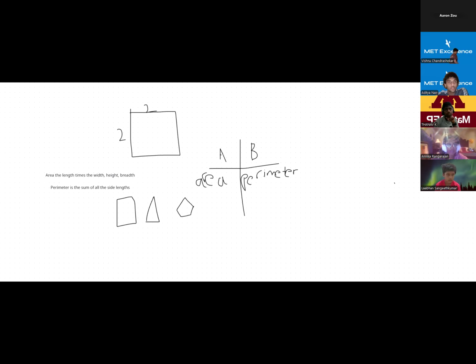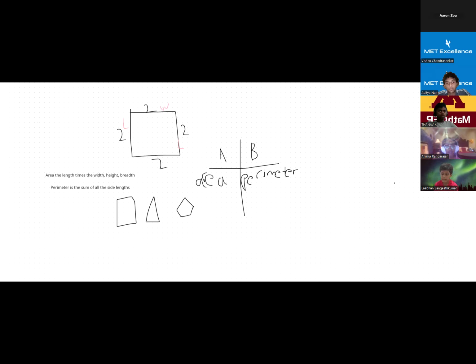So what this really means is, let's take the square example. A square has all sides the same length, so this would be 2, 2, and 2. Let's choose this one right here to be length L. The side parallel to it is also L, so we have to choose the adjacent side as our width.